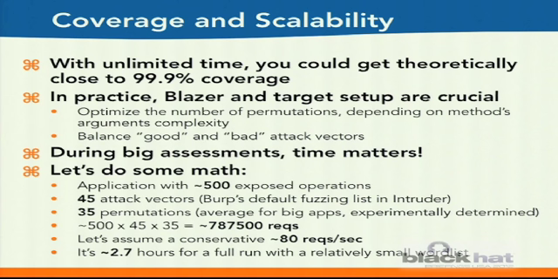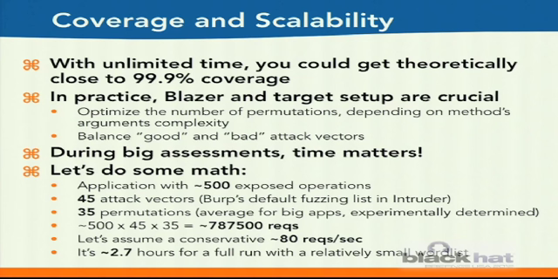Time matters because if we consider, for example, a quite big application with 500 exposed methods and a relatively small attack vector list, Burp's default fuzzing list in Intruder, which is the one you can normally select, includes 45 items, which is probably not even enough to have a good attack vector list for SQL injection.